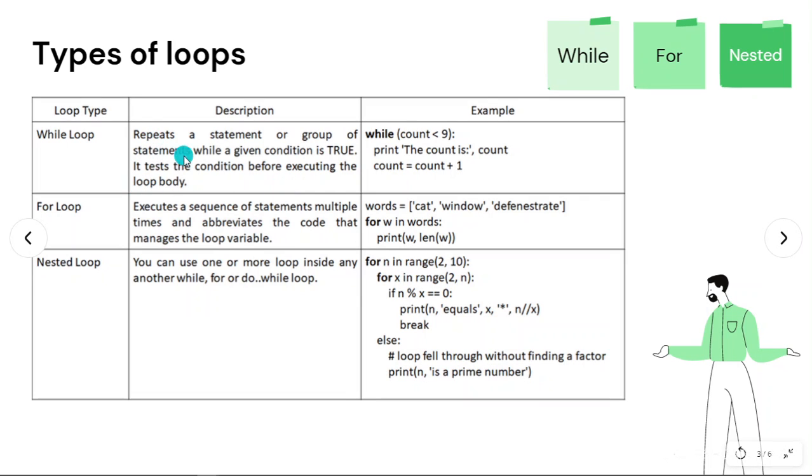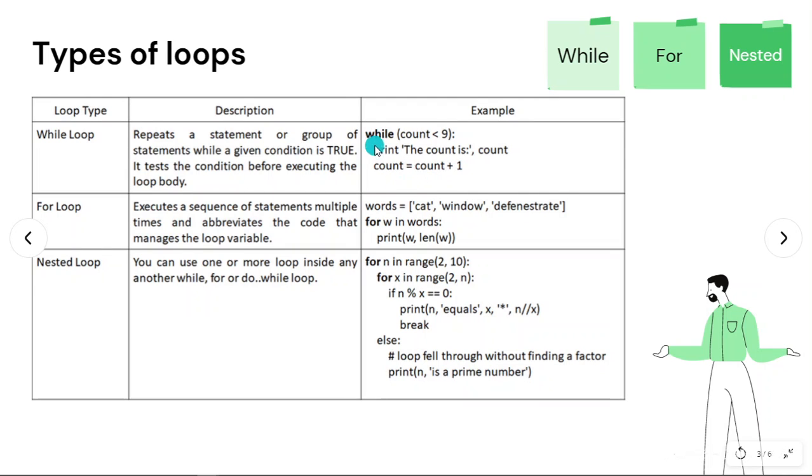A while loop repeats a statement or group of statements while a given condition is true. It tests the condition before executing the loop body. Here is one example with the while loop, where we are implementing count less than 9. If the value of count is less than 9, we simply print the count value using the print statement, and inside the while loop we increment the counter.